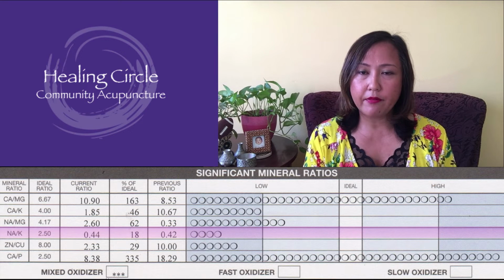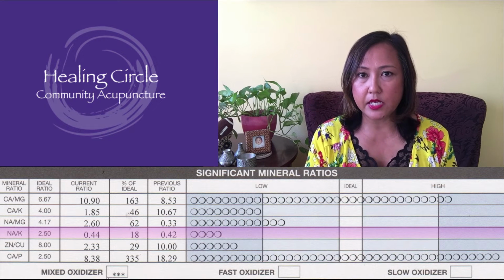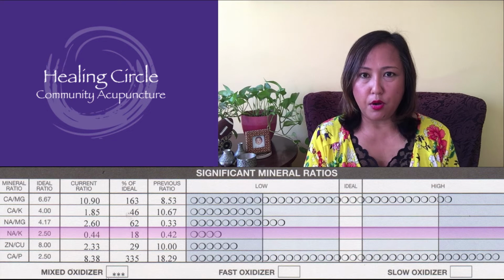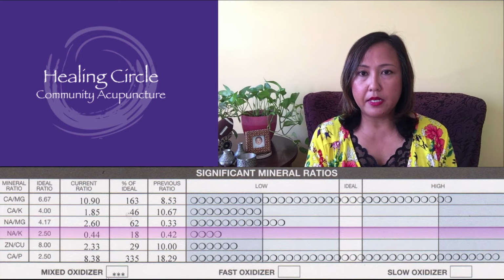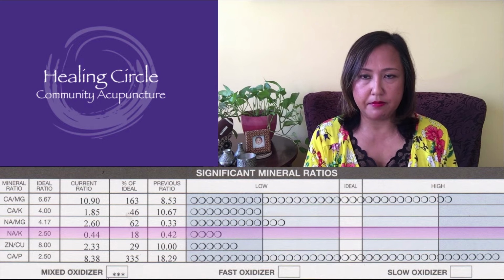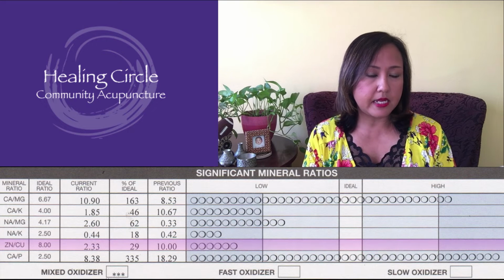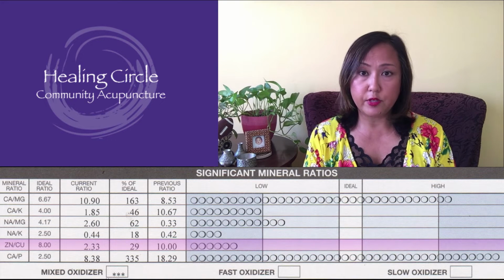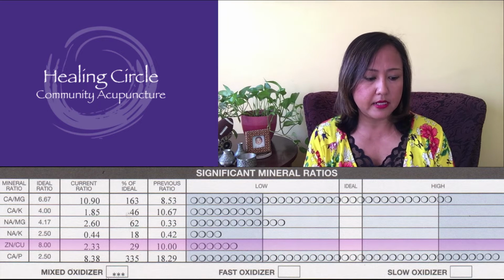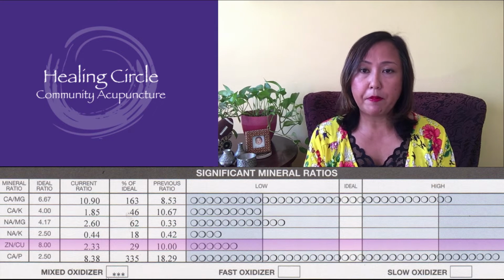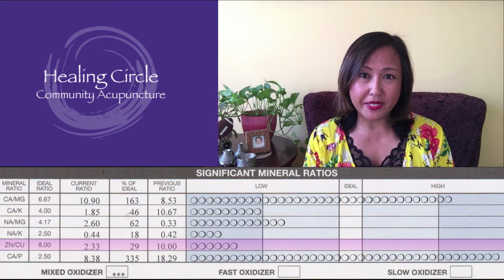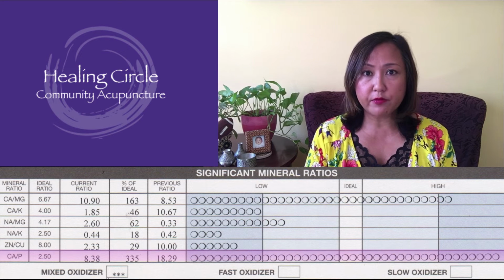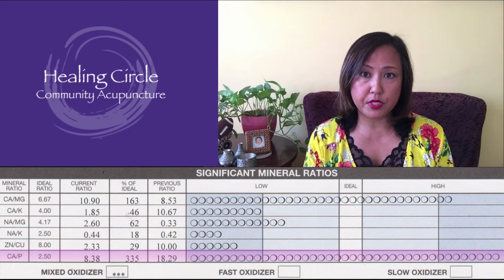Like, okay, have I gone through something traumatic, such as going to war, or being a rape victim, an abuse victim, that kind of stuff. Zinc/copper is more a reflection of your sex hormones, and I tend to look at this number a lot whenever a patient comes to see me for fertility treatment. And calcium/phosphorus is your ability to digest proteins.